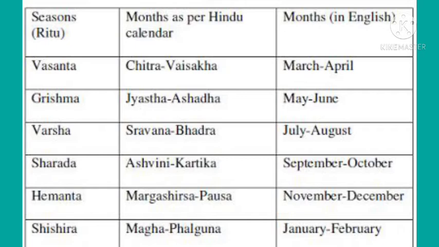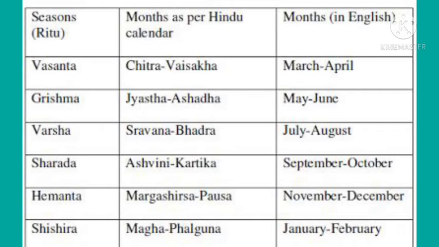And these are divided into 6 seasons. These seasons are known as Vasanta, Grishma, Varsha, Sharat, Shishir and Hemant. So there are a total of 6 seasons in the Indian calendar.